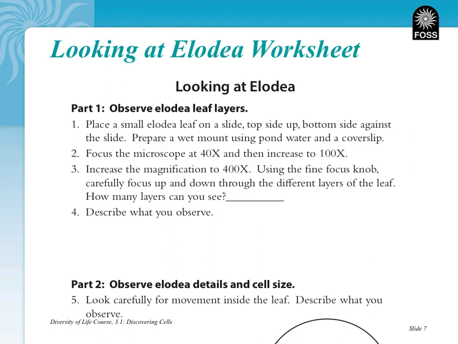Here's our Looking at Elodea worksheet. It says, observe Elodea leaf layers. We're going to place the small Elodea leaf on the top upside, bottom side against the slide, and prepare a wet mount with pond water and a cover slip. You're going to first start off with 40, which is the lowest level, and then we're going to increase to 100.